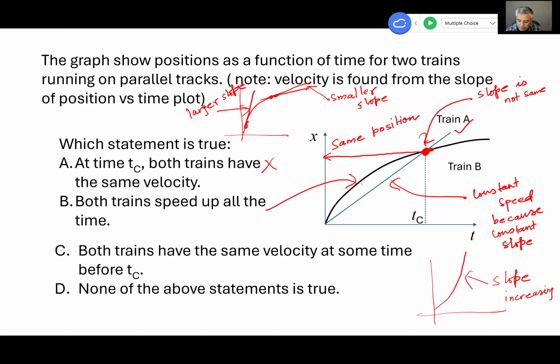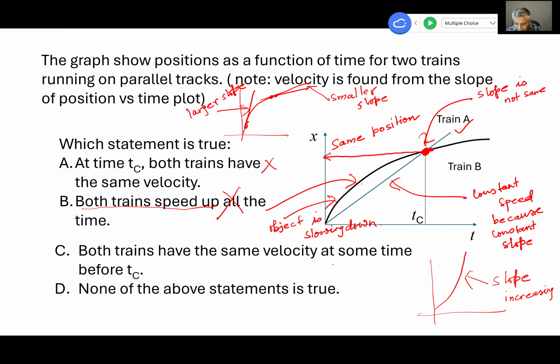In this case, the object is slowing down. So B is not speeding up, it's slowing down, and A has a constant speed. So that's why this is not correct.